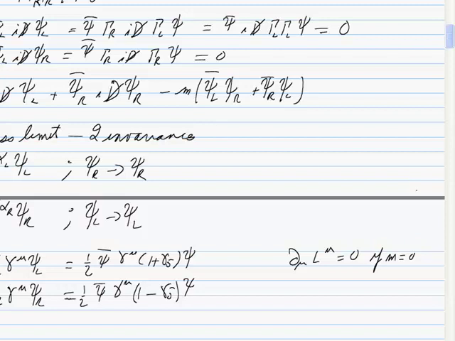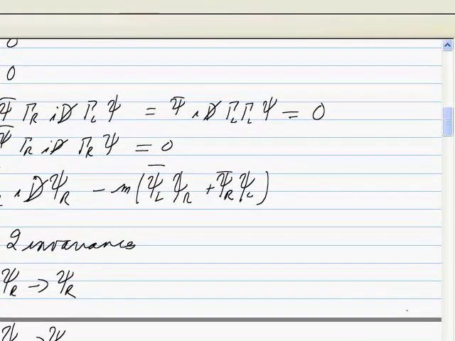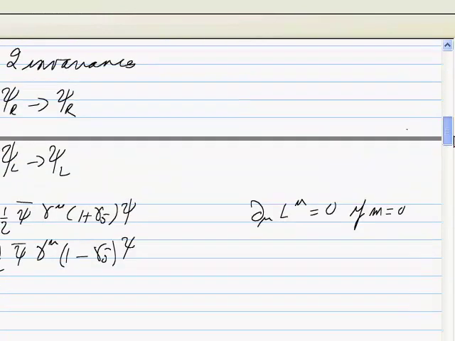Okay. And you actually know that from where we started. If I take a derivative here, gamma mu on psi is a solution, and gamma mu on gamma 5 psi is a solution. That's where we started that exercise.